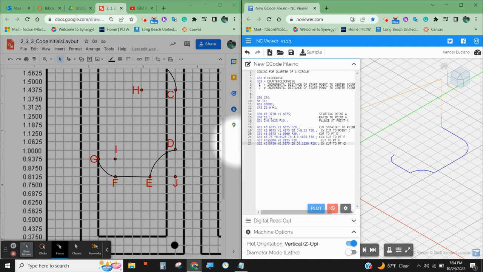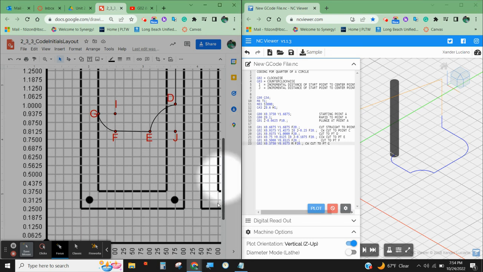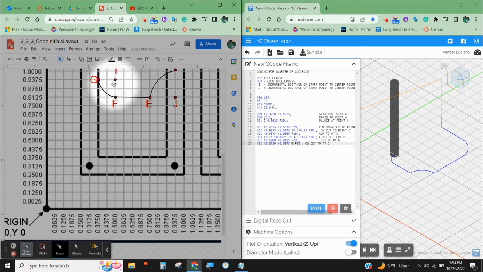So instead of using I and J, I'm going to delete the I and J here. Okay, I'm going to put R, and the radius on this one is, again, two squares. This only works when your ending point and starting point are the same distance to the center, because you're going to use the same radius.